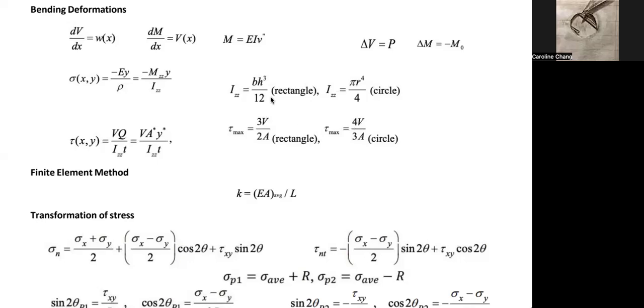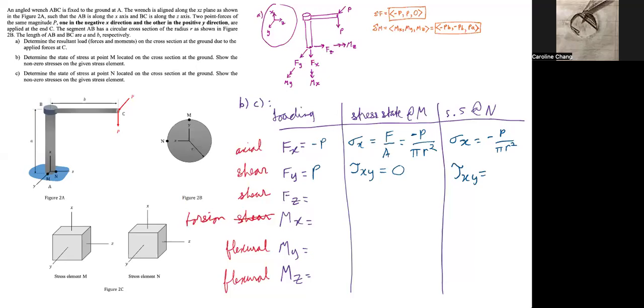As we see over here, T max is given by 4V over 3A for a circle. So we're going to write 4V over 3A, and that is going to be equal to, what is V equal to? Well, V is equal to simply P, as this P is basically being distributed across the cross section.